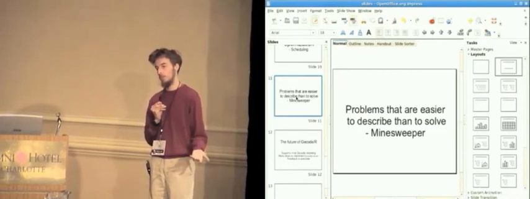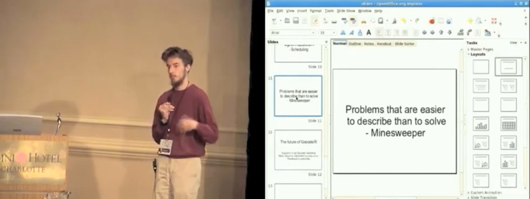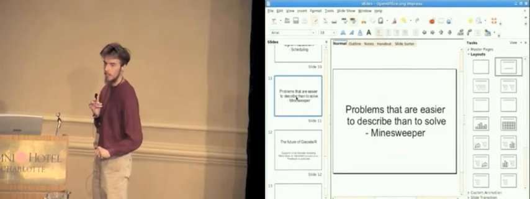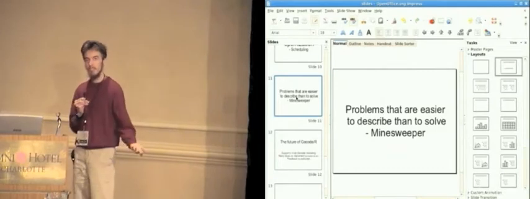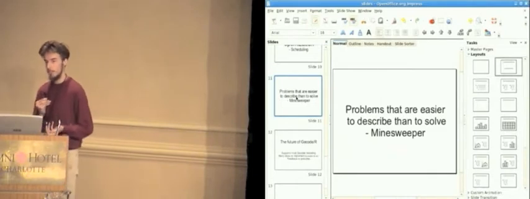And if it's a value between 0 and 8, then it must be that number of mines in the adjacent squares. So that's the whole definition of the problem, and that's all you need to input into Ruby, and then, given your current information about the minefield, it will deduce additional information that it can deduce.